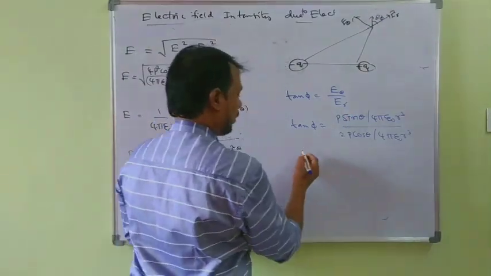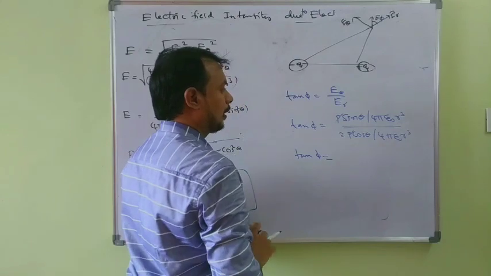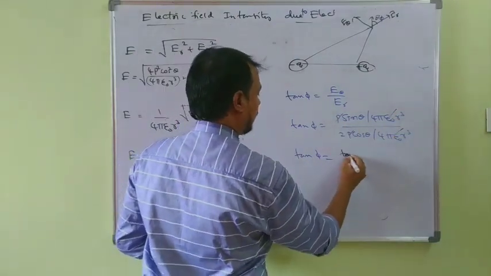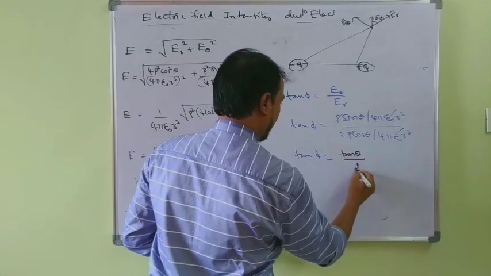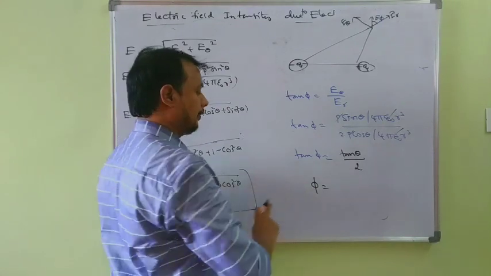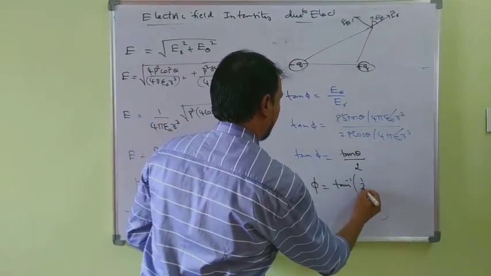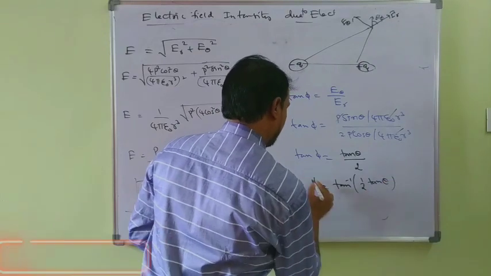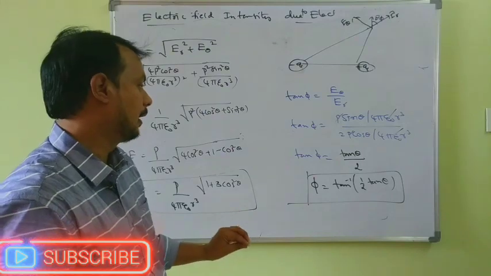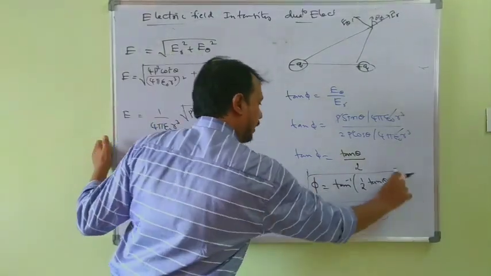So P cancels, 4 pi epsilon naught R cube cancels, sin by cos is tan theta, so tan theta by 2. So the resultant direction of the electric field intensity is phi equal to tan inverse of tan theta by 2. This is the direction of the resultant electric field intensity. So this is the magnitude and this is the resultant direction.